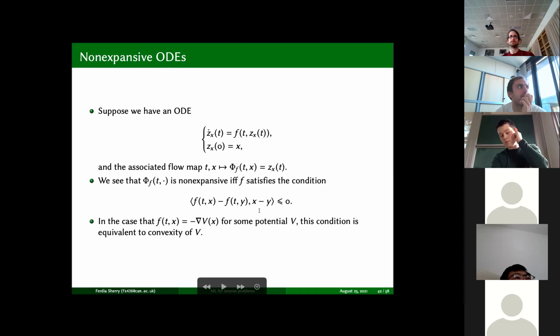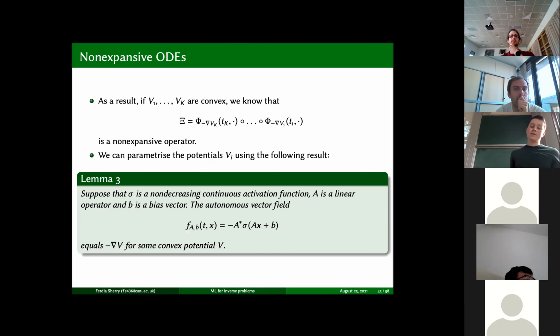And so, looking forward to what we're going to be doing, you can think of this vector field as just going to be a gradient of a potential, or negative gradient of a potential. So this is a gradient flow, and then this is equivalent to asking that the potential is convex.